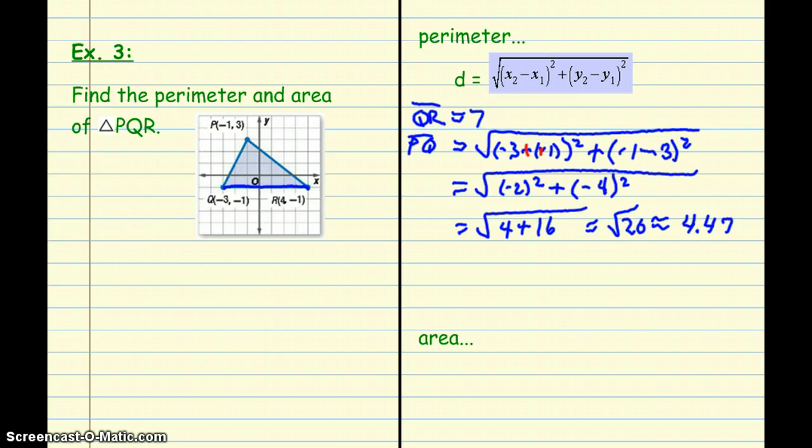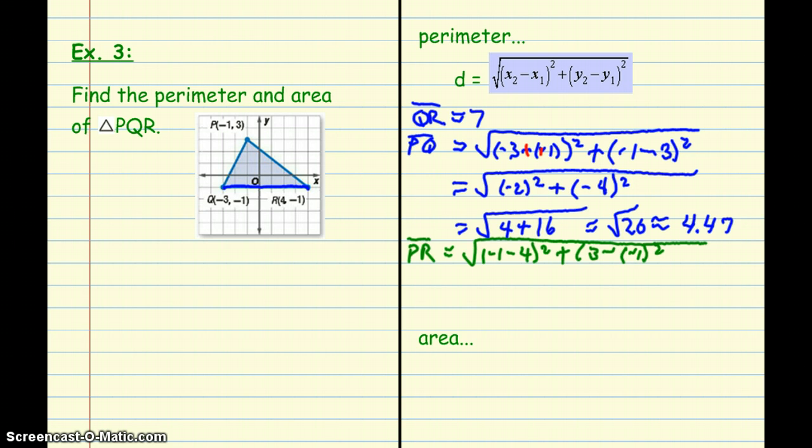So now we're going to do the same thing for side PR. Okay, so then I've got, oops, I'm doing the x's first, I guess I can keep it the same, keep it consistent. So I've got negative 1 minus 4 squared plus 3 minus negative 1 squared.